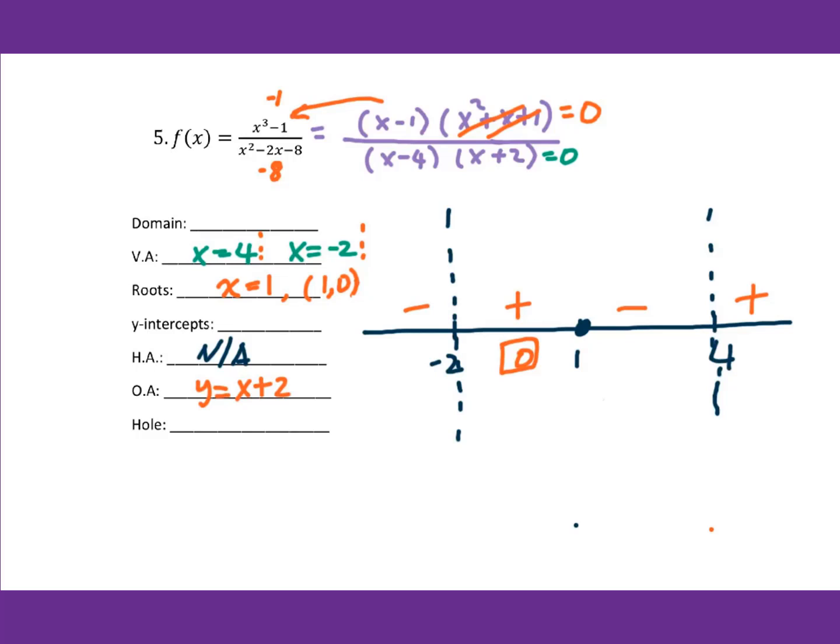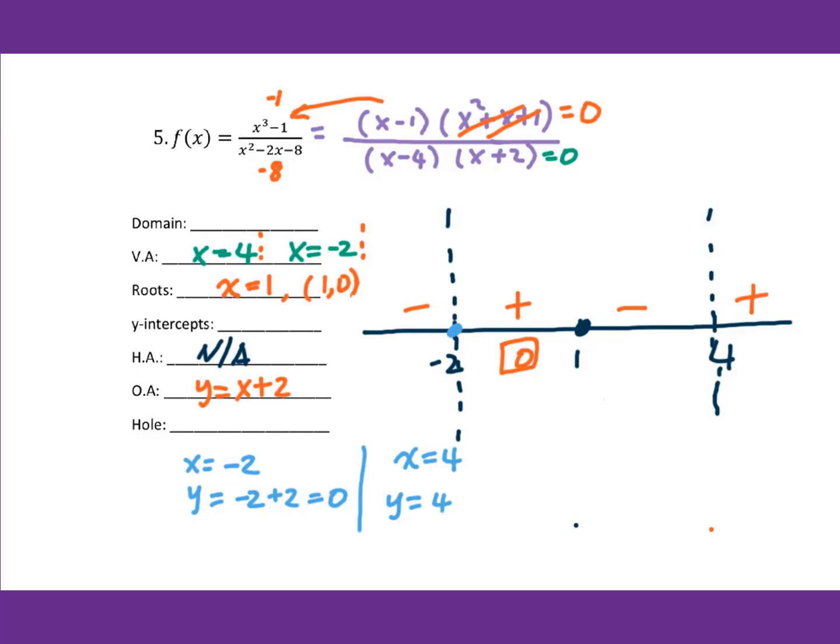We need to change the sign like this. For the oblique asymptote line, we need 2 points. We already got -2. X equals -2, then y equals -2 plus 2 equal to 0. That means over here. Then we use x equals to 4. Plug in.